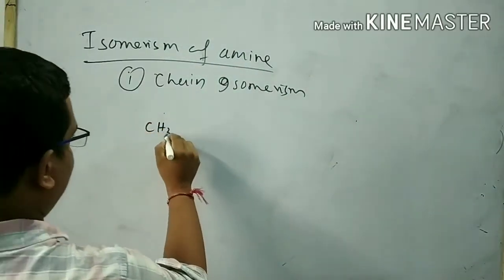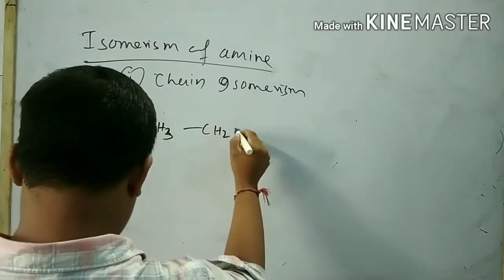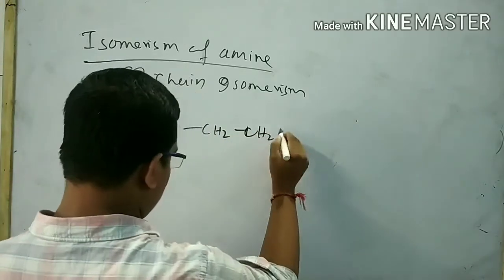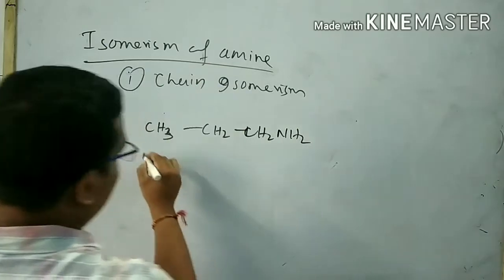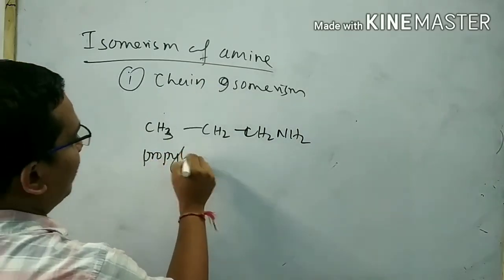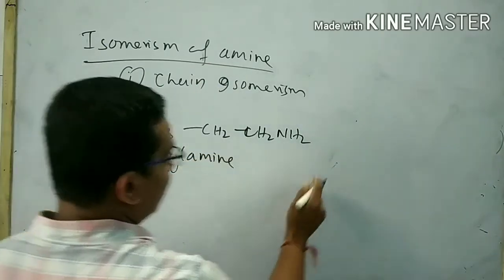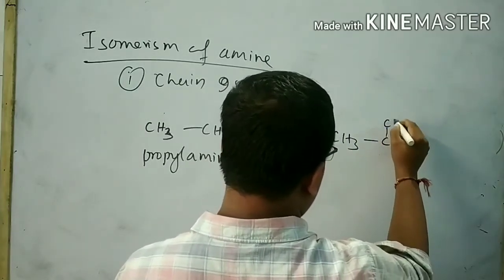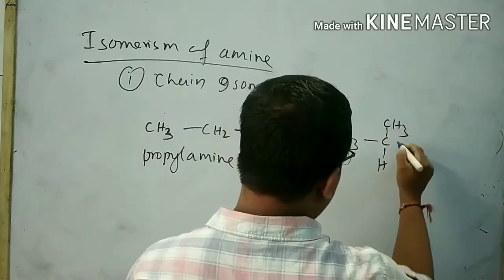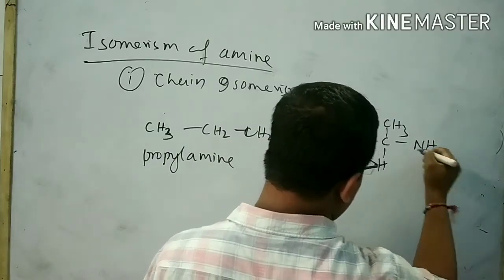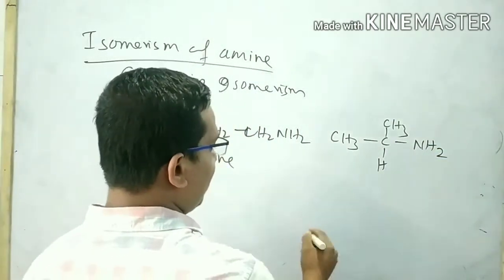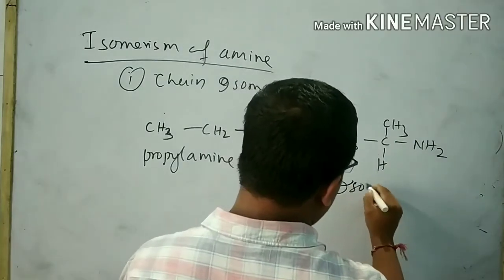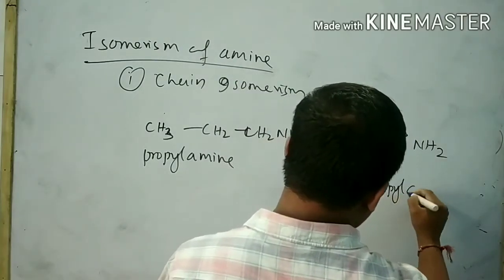Suppose we take an example, CH3CH2CH2NH2. The name of this compound is propylamine. Take another example, CH3-CH(NH2)-CH3. The name of this compound is isopropylamine.